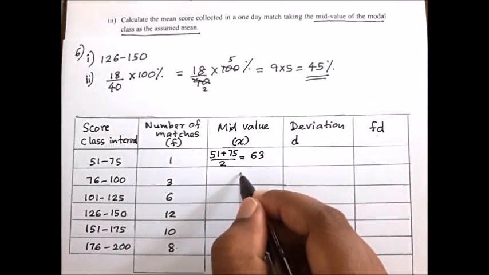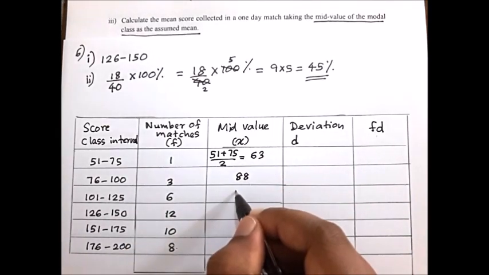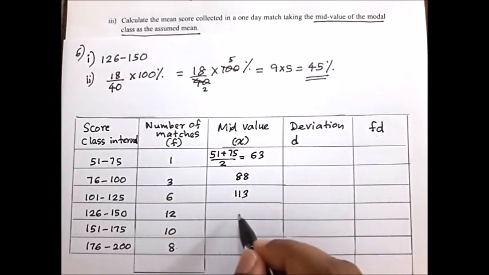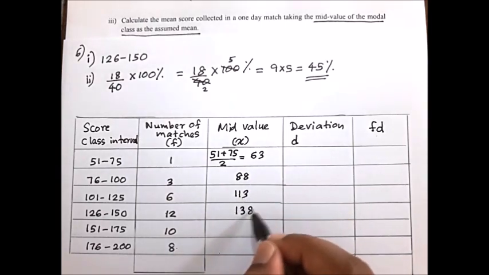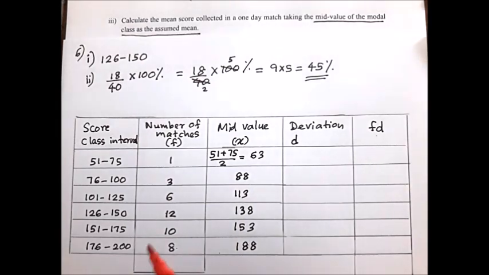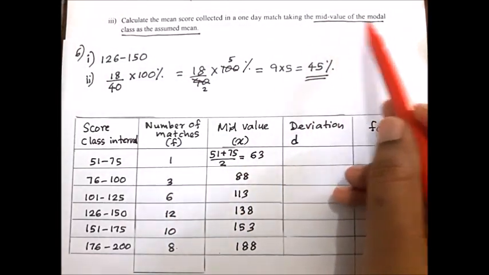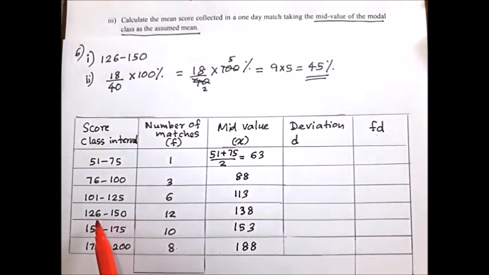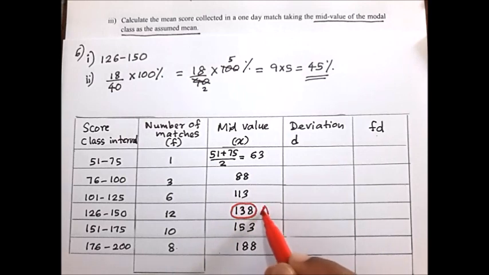Mid values are 88, 113, 138, 153, 188. The question says take the mid-value of the modal class as the assumed mean. This is the modal class and this is its mid-value. You have to take this as the assumed mean.